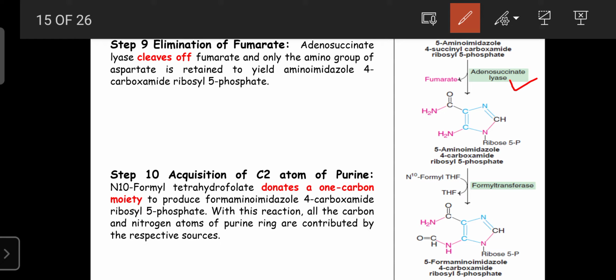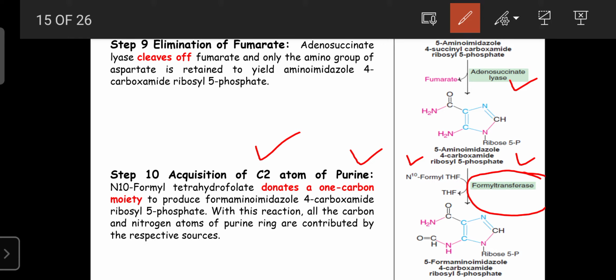Step 10 is the addition of the carbon atom at position 2 of the purine ring. Here N10 formyl tetrahydrofolate donates another carbon atom to the 5 amino imidazole 4 carboxamide ribosyl 5 phosphate in the presence of the formyl transferase enzyme.